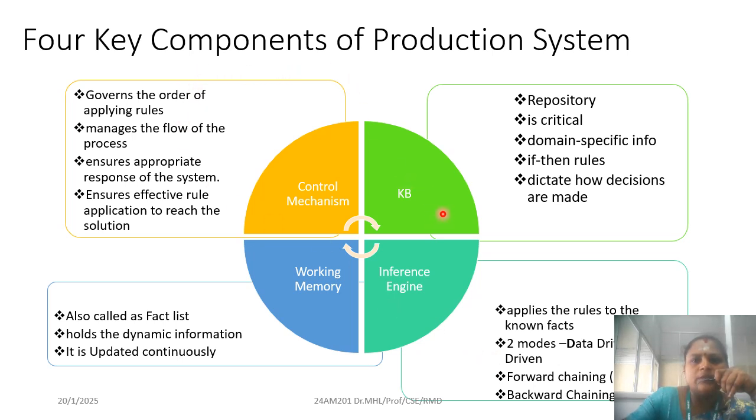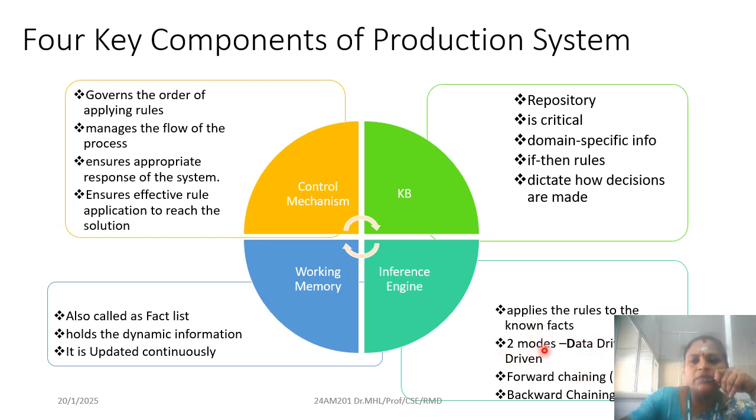Knowledge base is a repository, a collection of information. It is very critical. It will have domain specific information. It is made up of if-then rules, and this knowledge base will dictate how you are going to make decisions. The inference engine applies the rules to the known facts.